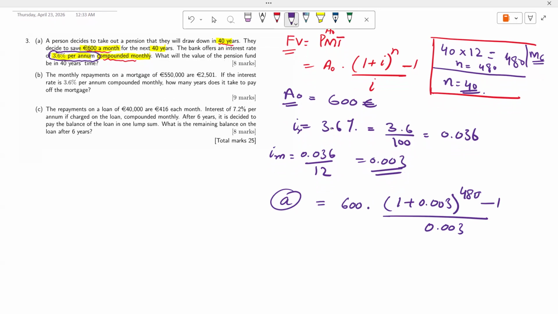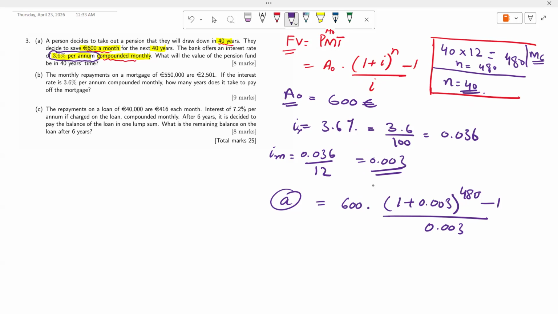The teacher technically expects you to know how to convert the per annum rate into a monthly basis and to find the number of periods, to plug in the right values, because memorization of the formula is not the goal of this preparation. The goal is to get to the right values.